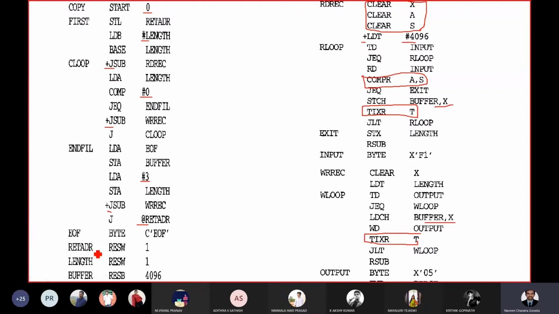If you have understood my previous four examples on SIC/XE object code generation, then this will be quite easy. Now let me take you to the address assignment.